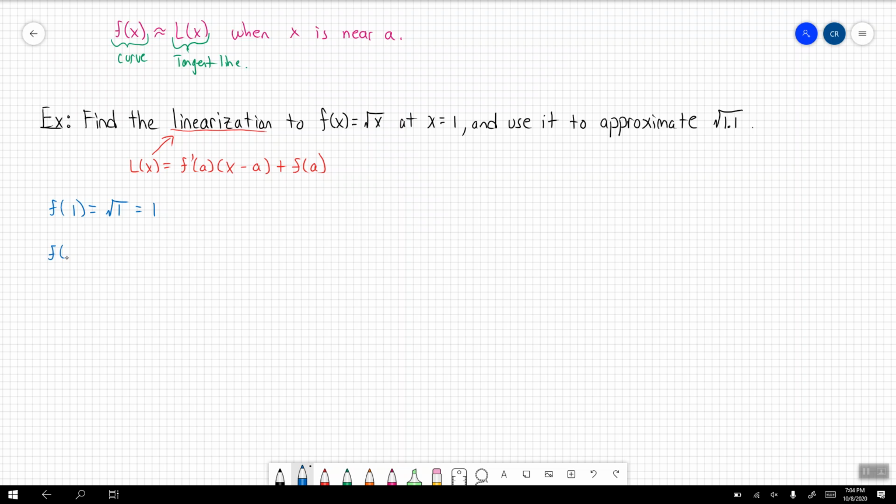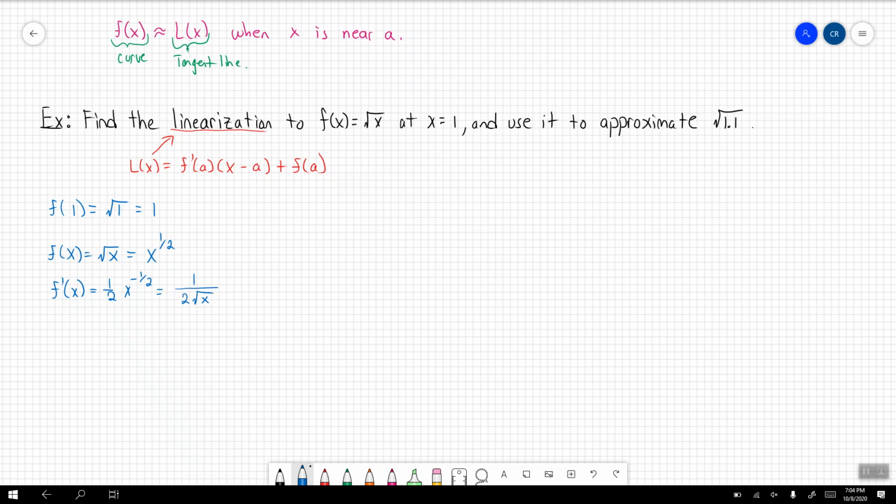So I'm going to say f of x is equal to the square root of x, which is equal to x to the power of 1/2. So finding that derivative would imply that I use the power rule, drop the exponent forward, subtract 1 from the exponent, and let's simplify this to be 1 over 2 square root of x.